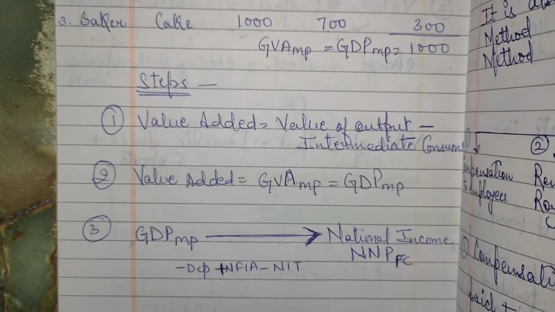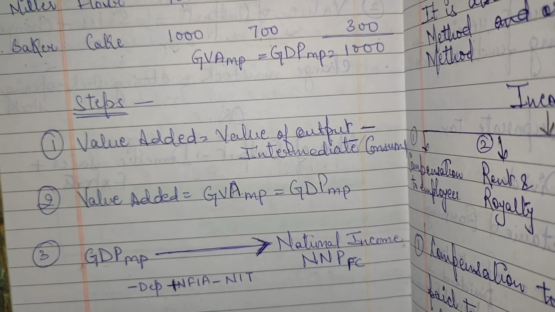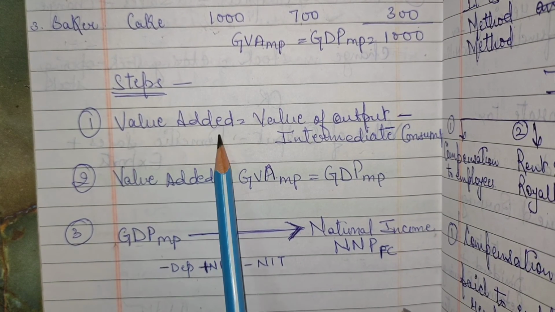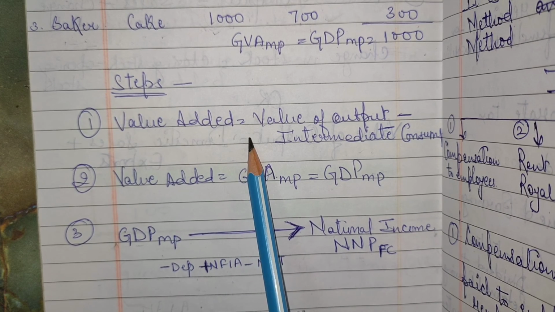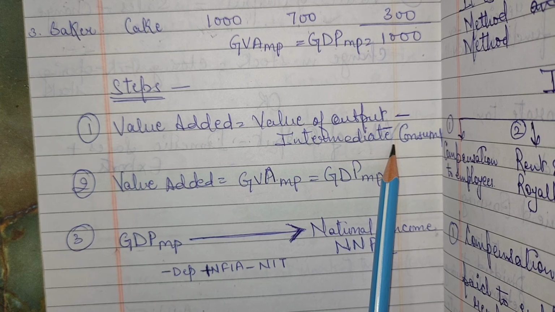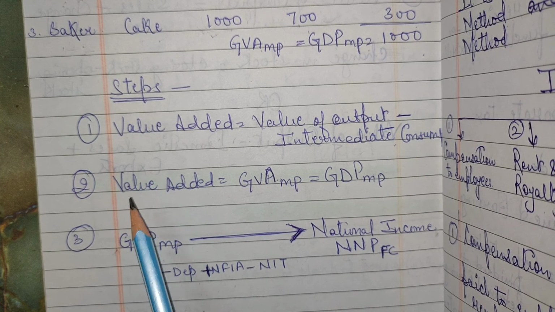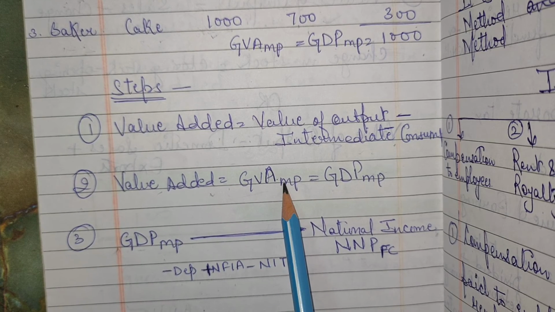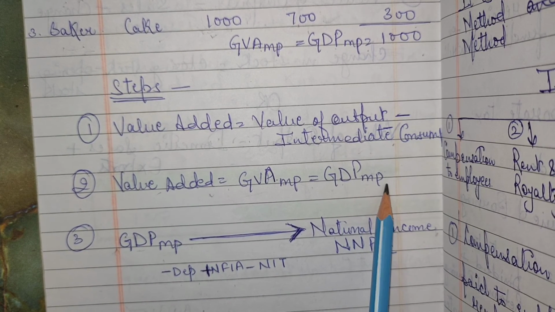Now there are certain steps for the calculation of national income, and these steps are: value added is equal to value of output minus intermediate consumption. Second, value added is equal to GVA-MP is equal to GDP-MP.